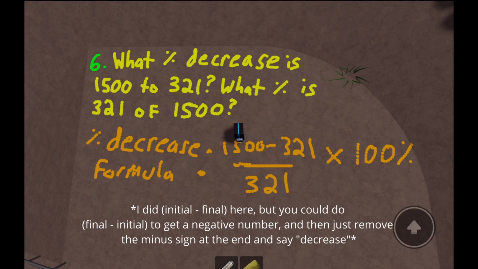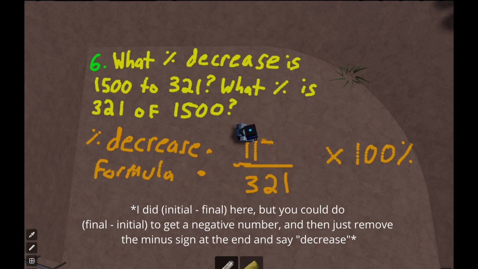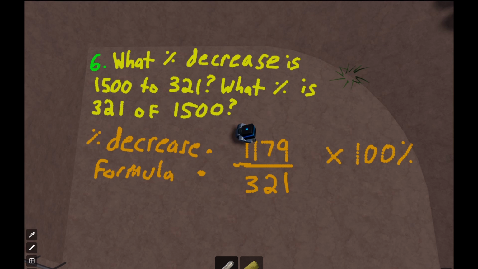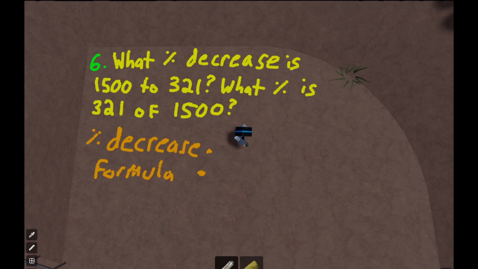And then 1500 minus 321, that's a difference of 1179. And then if you do 1179 divided by 321 times 100%, what you'll find is that the percent decrease is roughly equal to 78.6%. So I'm going to put a down arrow to indicate that this is a decrease.